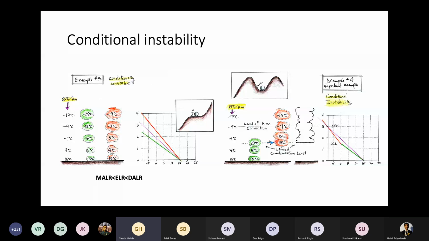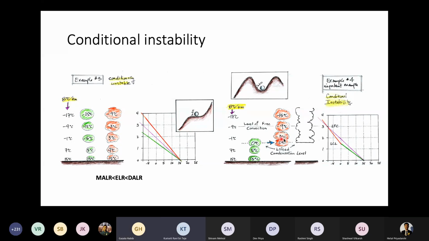So as the temperature lapse rate has changed, right? So the temperature of this air parcel will be higher. Is it higher or lower? -1, -3. Which is higher? -1 is higher. Yeah.